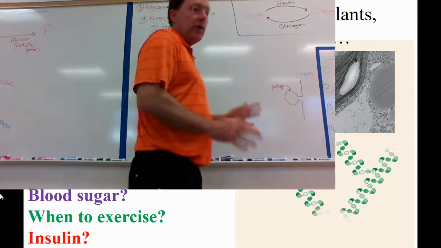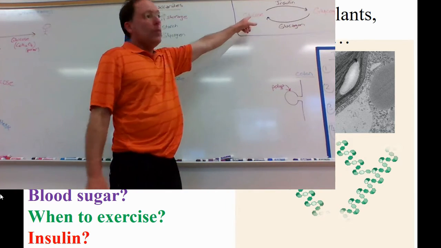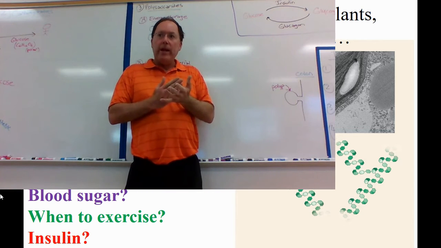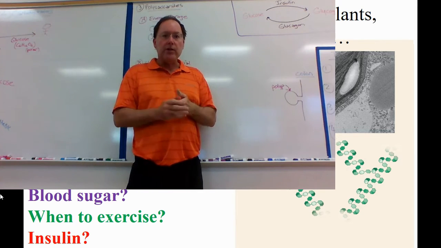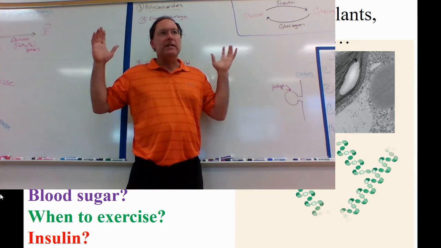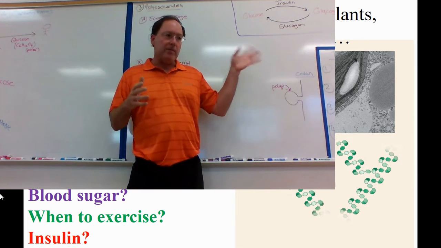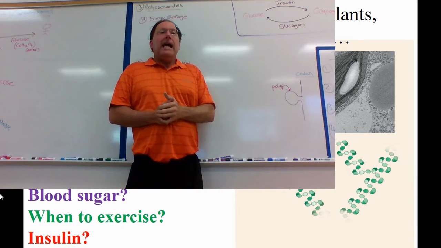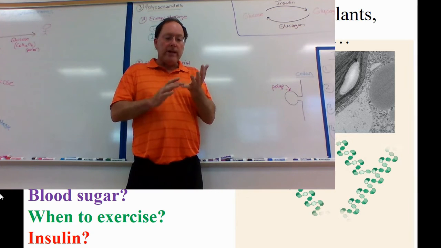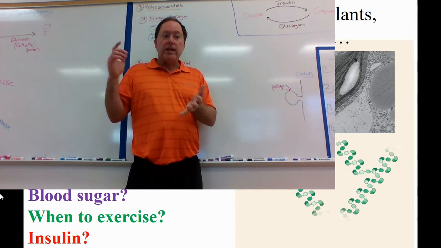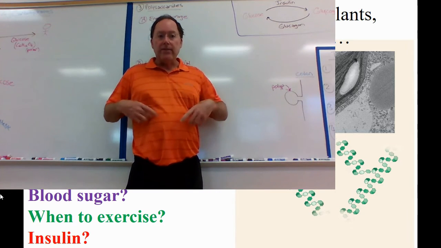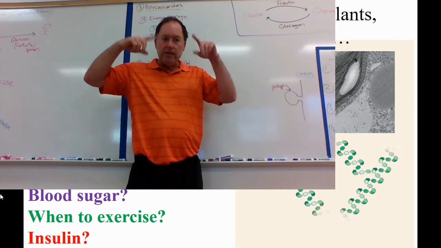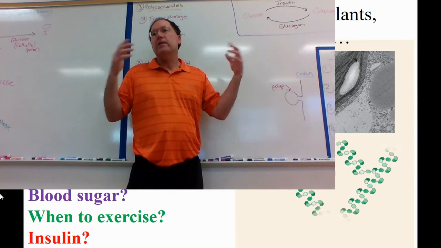It's just energy storage. When we eat anything that has carbohydrate, we get these glucose monomers in our bloodstream, and the beta cells in the pancreas are stimulated to secrete insulin. What insulin does is it goes to the areas where we store glucose, such as fat, the liver, and our muscles, and it opens up these channels, and then the glucose goes in and it's stored for later.